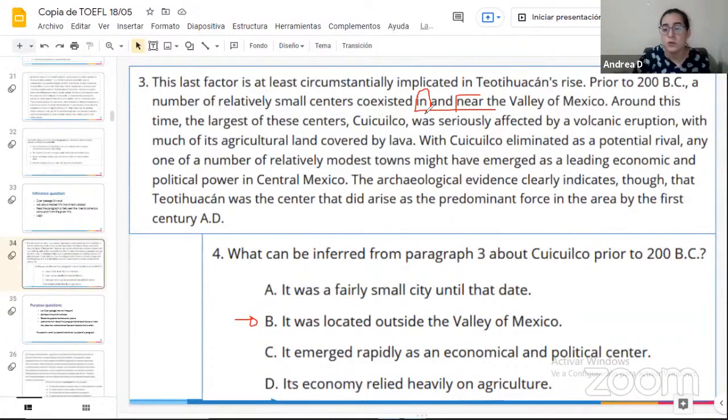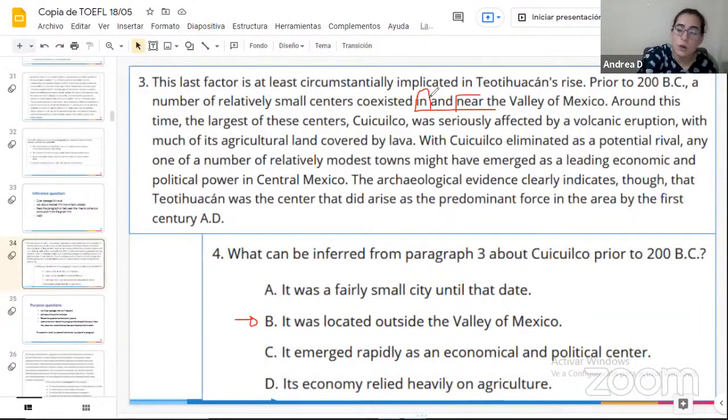It's so unclear. They're saying it could be in or it could be near. So we don't know, unless later it says something like 20 kilometers near Teotihuacan. In that case, yes, you would have evidence to come to the conclusion that it was outside the Valley of Mexico.